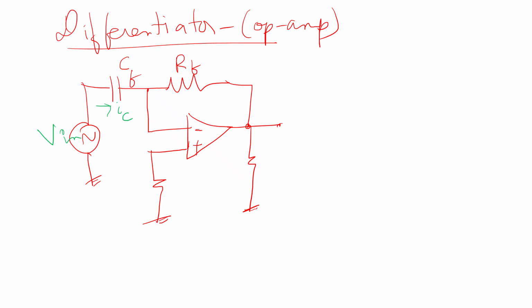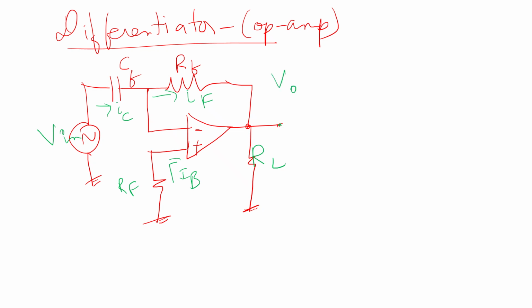The current IC flows through the capacitor, and IF, IB is the bias current, RF, and RL resistor.